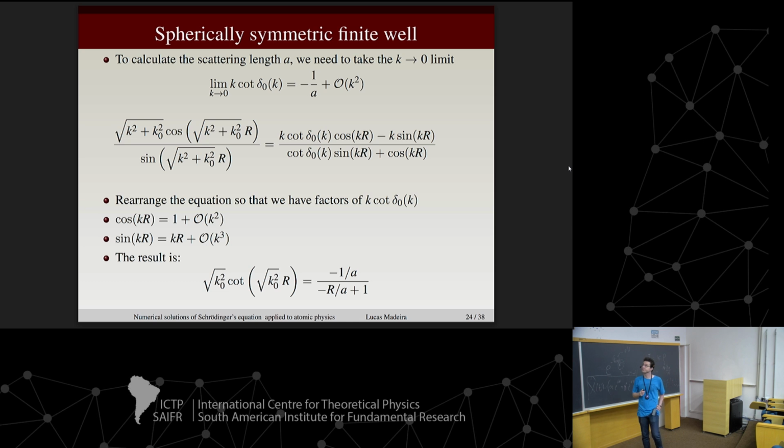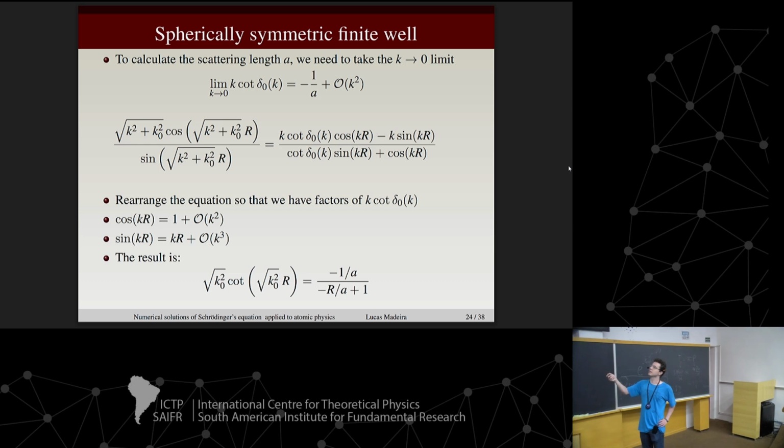So I go back to that equation, and I want to take the limit K going to 0. The left side is easy to take this limit. I just set K to 0, and I get this left side here. Can everyone see that? Okay.